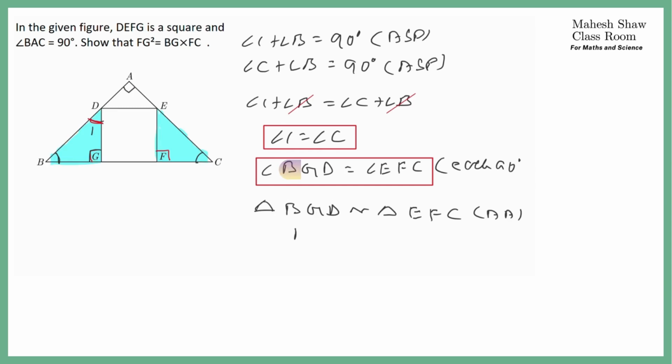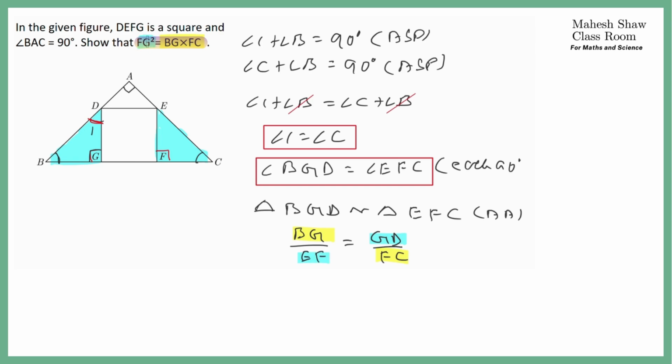So if I take BG, being the first two letters, it corresponds to EF, so BG over EF is equal to, now if I take GD, then GD over FC. Now what you can observe over here is that we need BG and FC as part of the proof, but we don't need GD and EF.